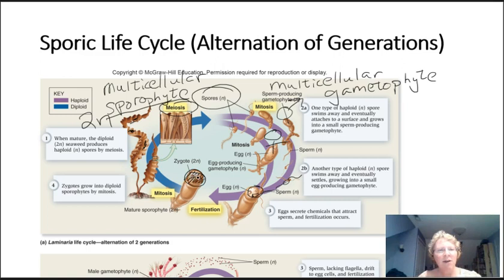And this zygote here is going to grow into our multicellular diploid sporophyte. So we have 2 multicellular stages, the sporophyte and the gametophyte, and 2 haploid cell stages, spores that grow into the gametophyte, gametes that combine to form the zygote, and then grow into the sporophyte.